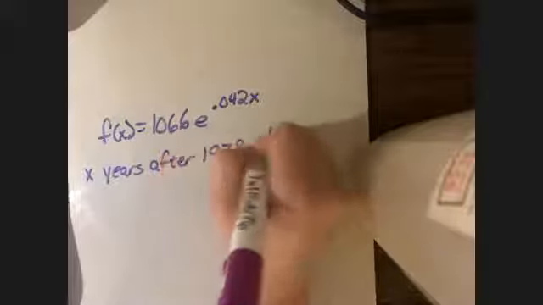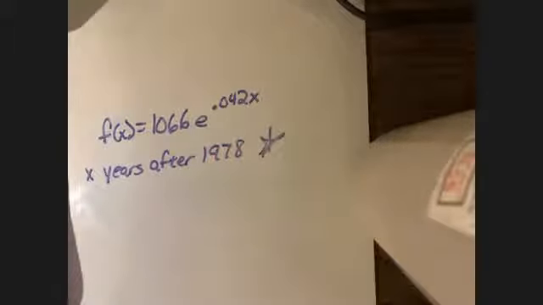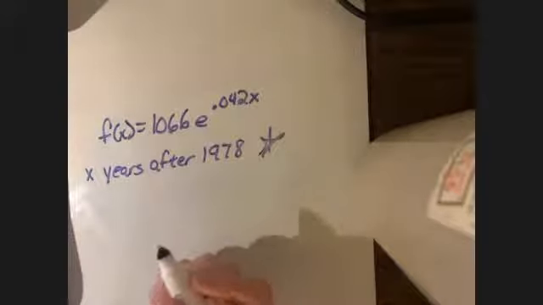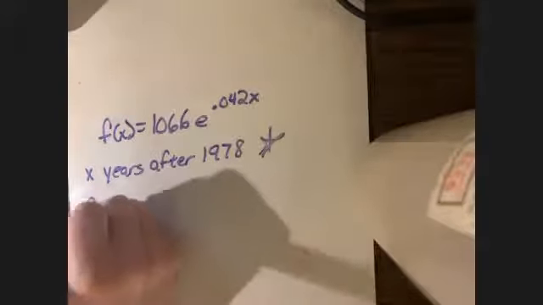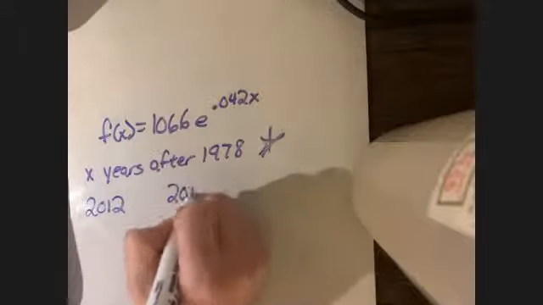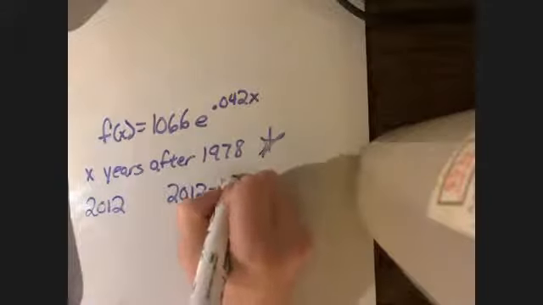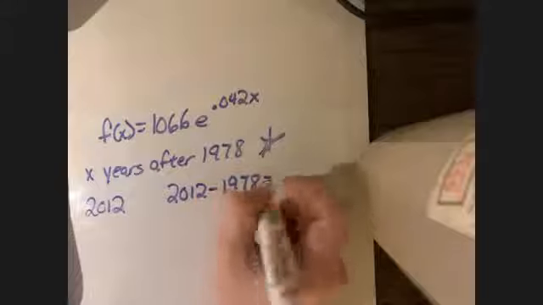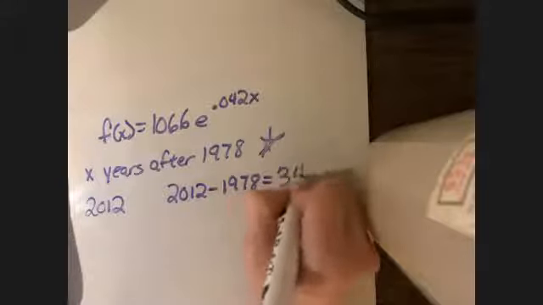And guys, you got to pay attention when they do stuff like this where they say that X is going to be sometime after a particular year or something like that, okay? Because you're going to need to make sure that you figure out the difference. Now, they want to know what is the population or what was the estimated population in 2012. First off, I need to do 2012 minus 1978, and that's going to give me 34.